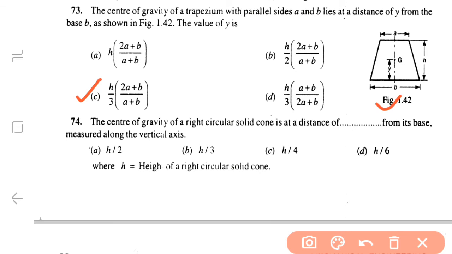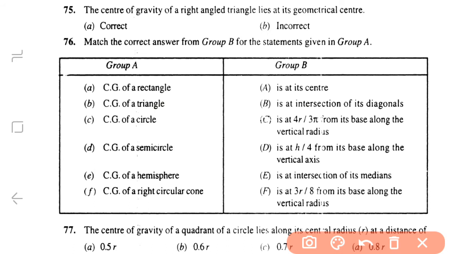Next is: the center of gravity of a right circular solid cone is at a distance of dash from its base measured along the vertical axis. Here option C is the correct answer, that is h upon 4. Next is: the center of gravity of a right angled triangle lies at its geometrical center. It is incorrect, friends. So option B is the correct answer.